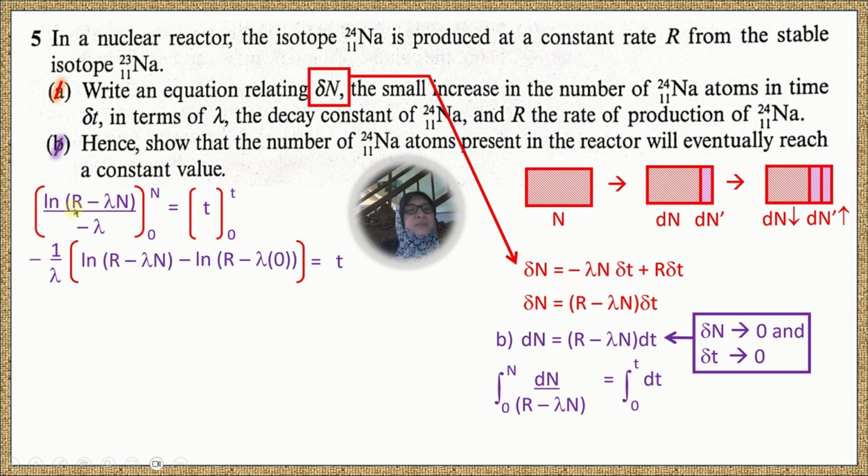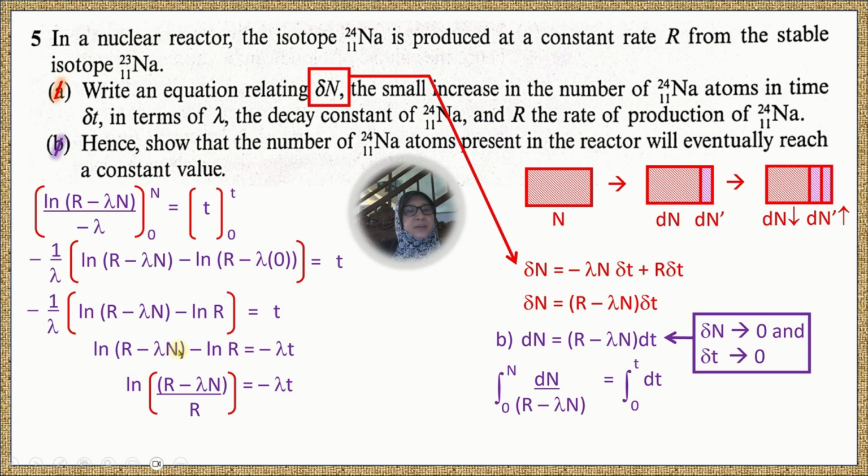So the bracket becomes ln of r minus lambda n, minus ln of r minus lambda times 0, because we substitute 0 into n here, so we get lambda times 0. So we use the integration rule. Now we solve. We get ln of r minus lambda times 0, so r minus 0, so we get ln r. So this one remains the same, and cross multiplying lambda, we get negative lambda t.